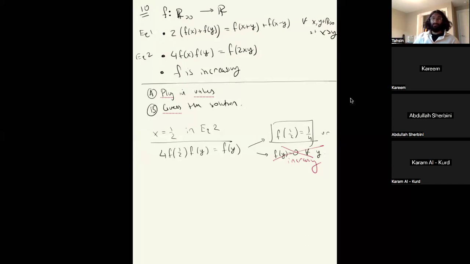Do you guys see how? Or it's almost. I would consider this one as well to be a Cauchy equation. Do you guys understand why it's a Cauchy equation?